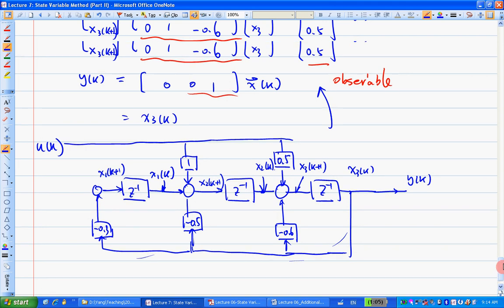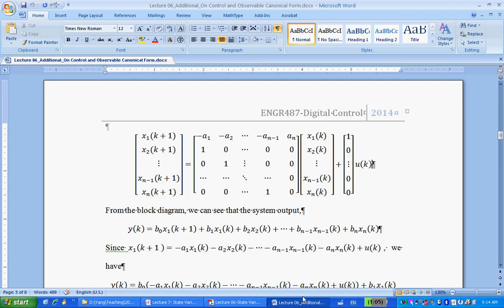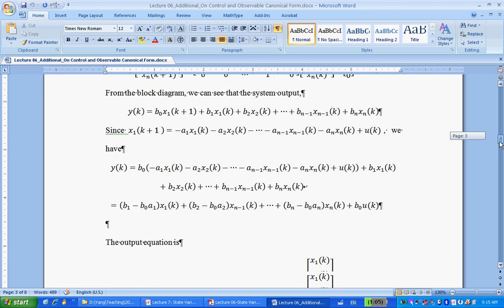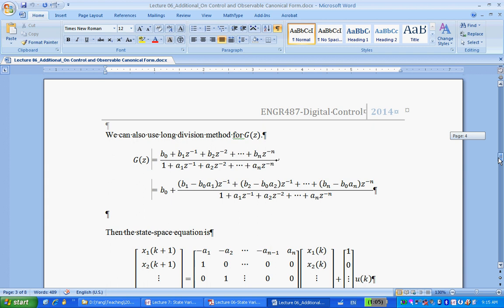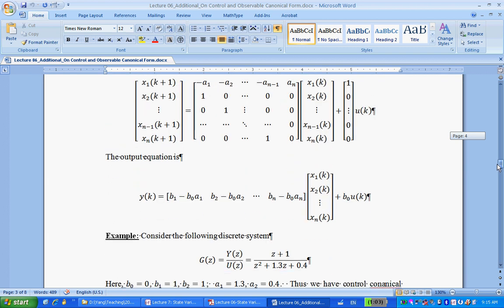So take a look at the textbook example for the detailed derivation of the observable one. I have 2 documents uploaded for this lecture. One document is a summary on the control canonical and observable canonical forms.